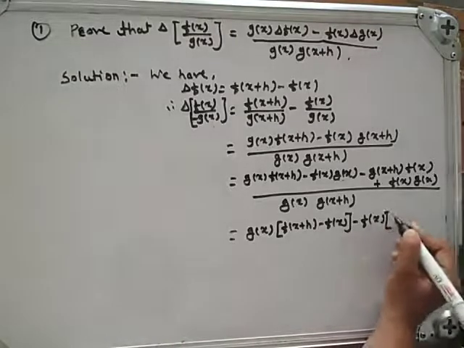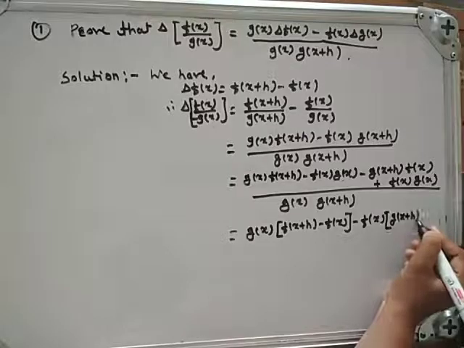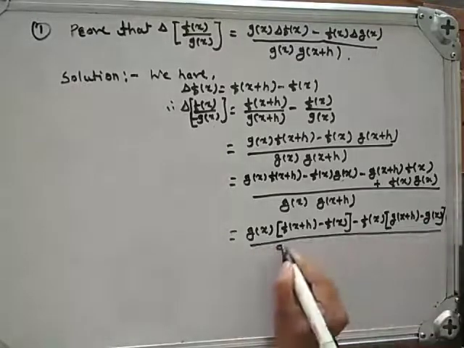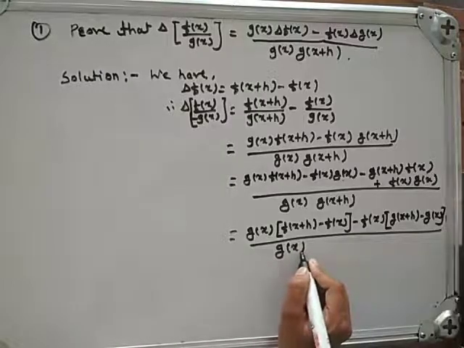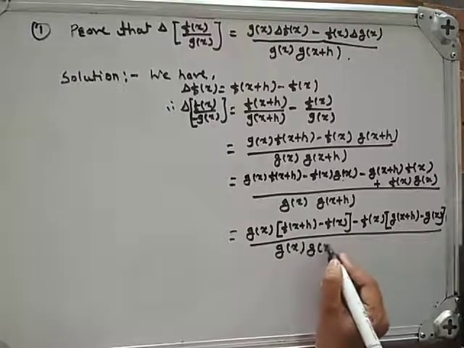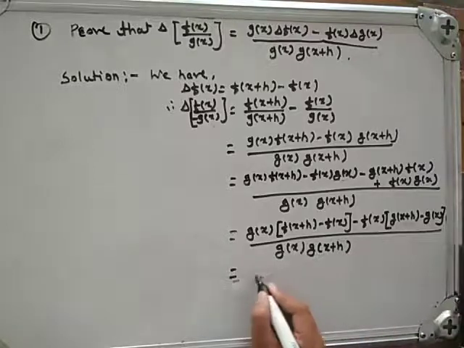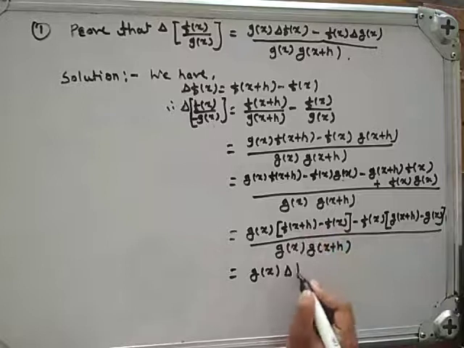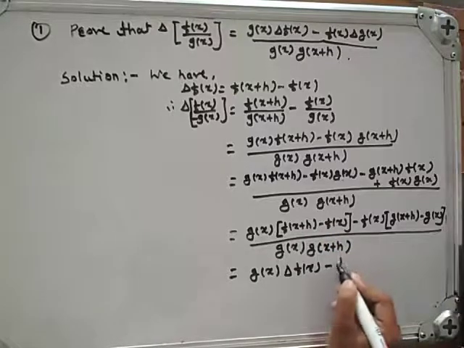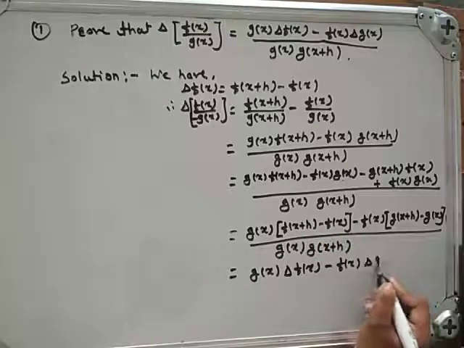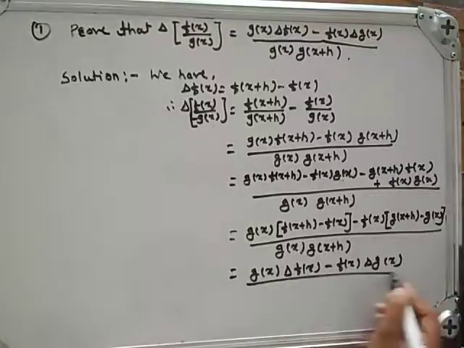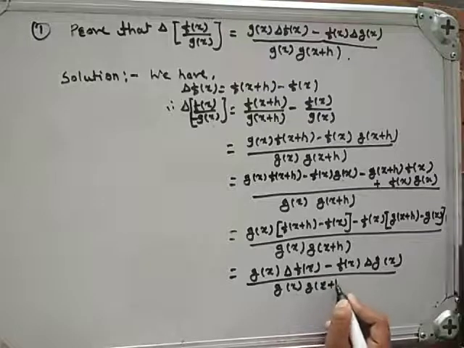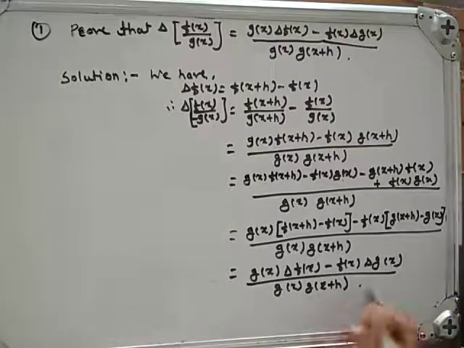In bracket remains g of x plus h minus g of x, okay, upon g of x into g of x plus h, which is equal to g of x into, this is the definition of delta f of x, minus f of x into delta g of x upon g of x into g of x plus h.